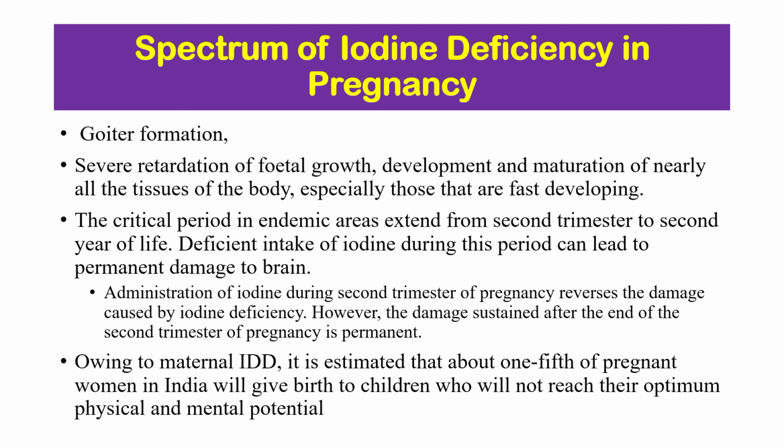In the developing fetus, there could be severe retardation in development and growth, with maturity of nearly all tissues affected, and the critical period during pregnancy extends from the second trimester to the second year of life, and deficiency of iodine during this period can lead to permanent damage to the brain, and that can be prevented by administration of iodine during the second trimester of pregnancy that can reverse any such process.